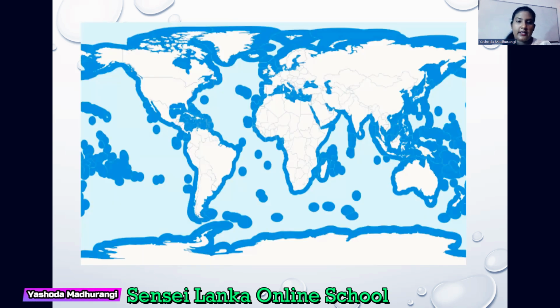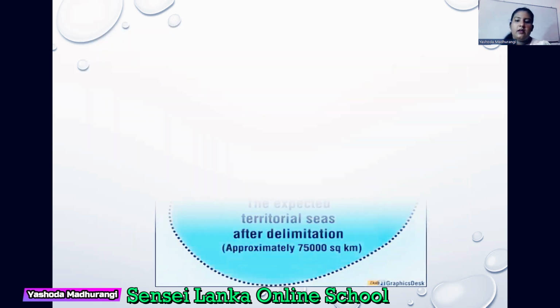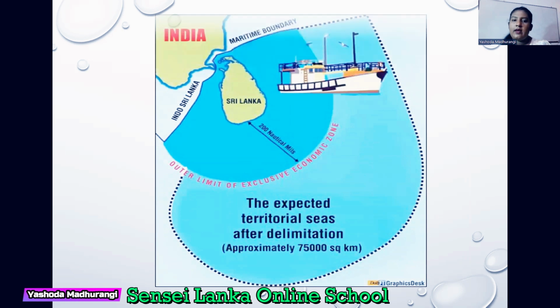Yes, okay, now let's go to the map. In this blue color, you can see the sea areas belonging to each country or continent. So now we are in Sri Lanka. If we consider Sri Lanka, can you see our sea areas here?